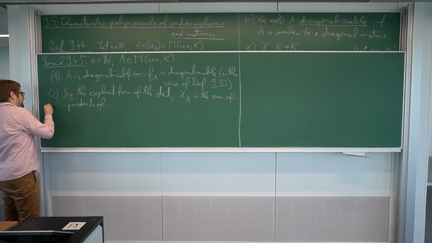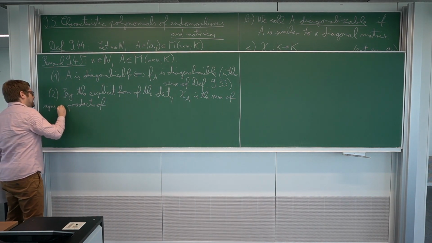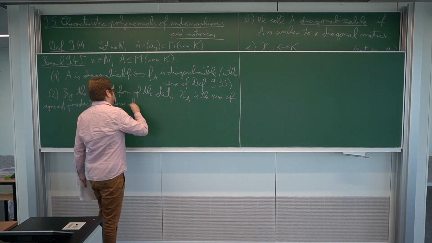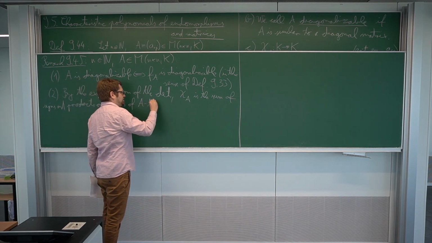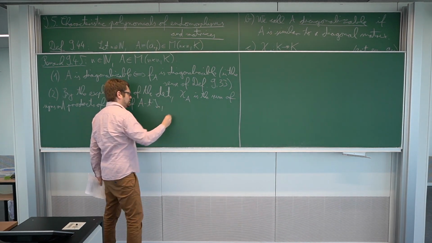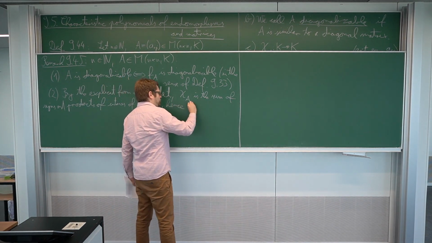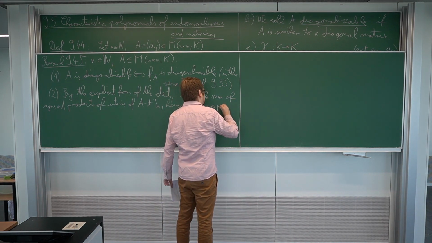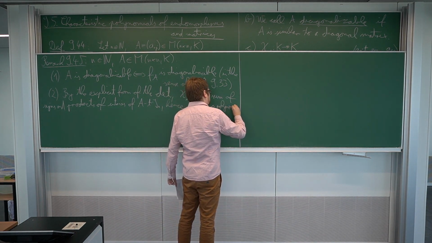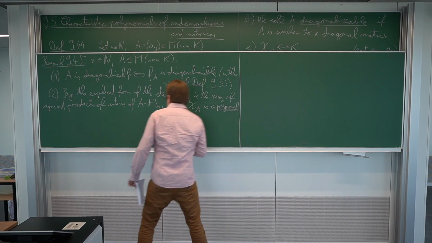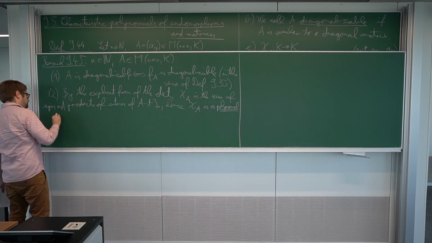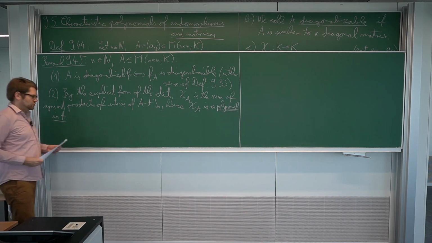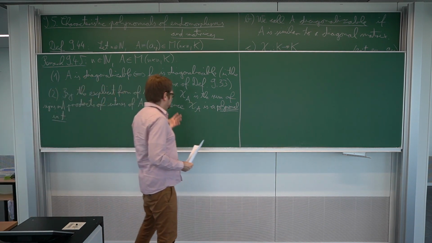First of all, we get a sign, so plus or minus 1, and products of entries of A minus t times the identity. Hence, we find out that chi A is a polynomial in t, as a variable, depending on t. So this is really a polynomial.